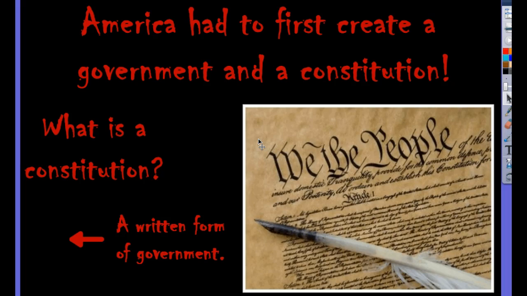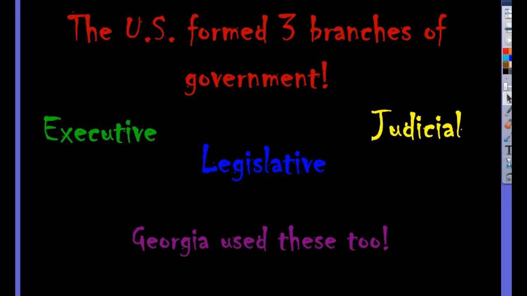A constitution can be written for anything, but in our case, we're talking about America's first written form of government, which, like I said earlier, was called the Articles of Confederation.